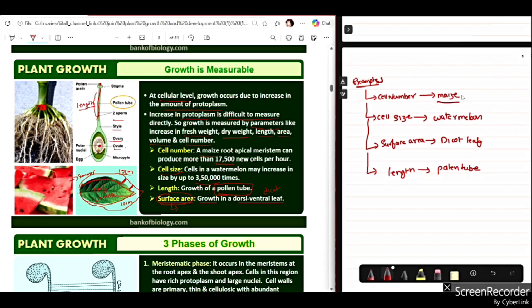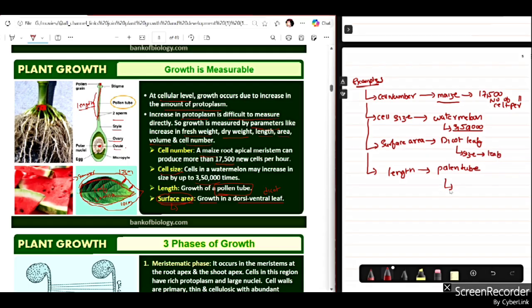So maize ఎంత పెరిగిద్ది? 17,500 number of cells per hour. And next watermelon will grow 3,50,000 times. And then dicot leaf surface area will be increasing from size and increasing the length, size of the leaf.